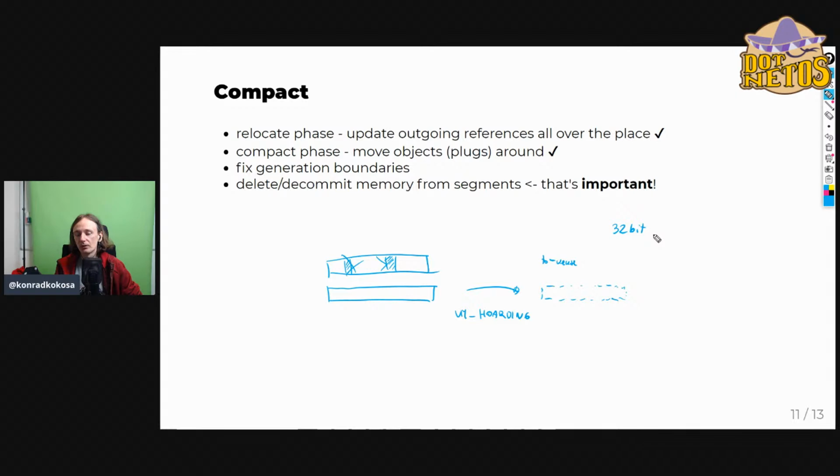So it was problematic in 32-bit. In case of 64-bit, the virtual address space is so huge that we are not so concerned about that. Probably there will always be enough. It is hard to imagine not having the possibility to commit a segment from virtual space in case of a 64-bit machine, 64-bit runtime.